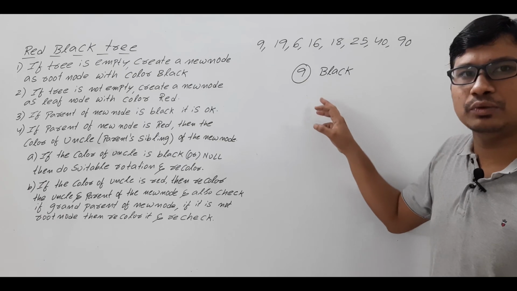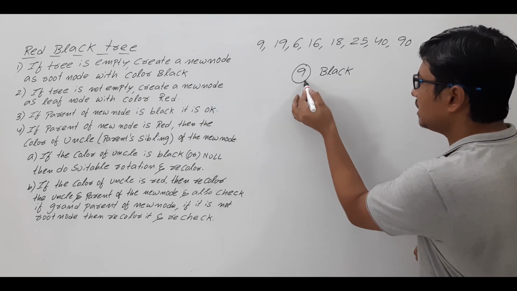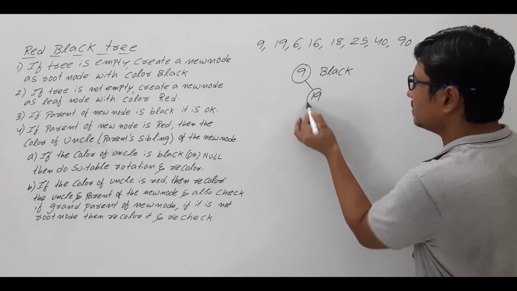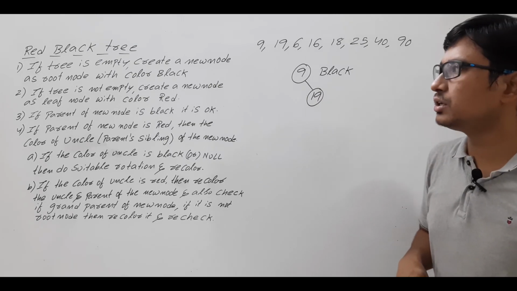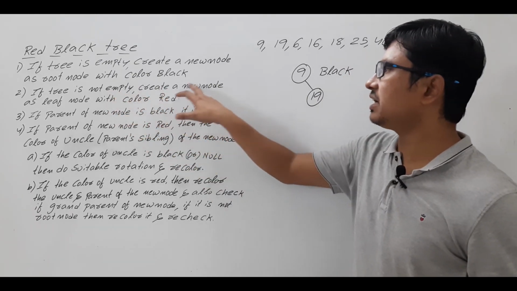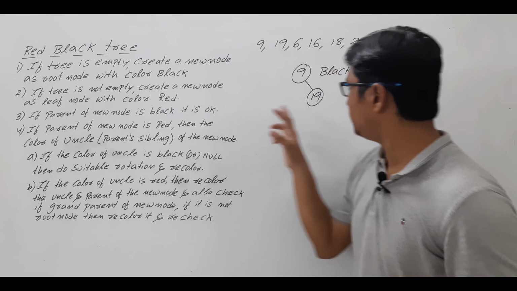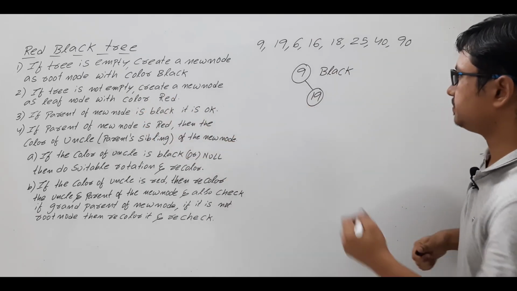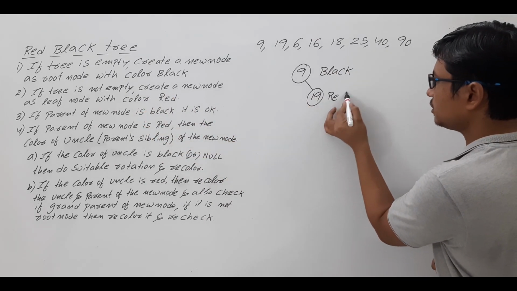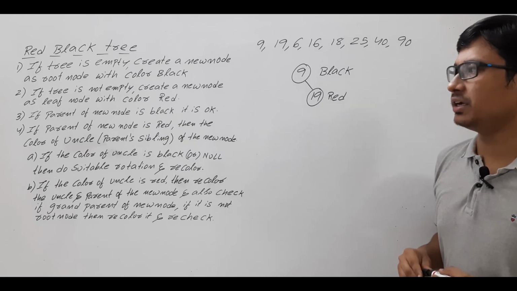So you will insert 19 to the right of 9. And what color should you give? If the tree is not empty, create a new node as a leaf node with the color red. This is the red color you will give. This is the second point.